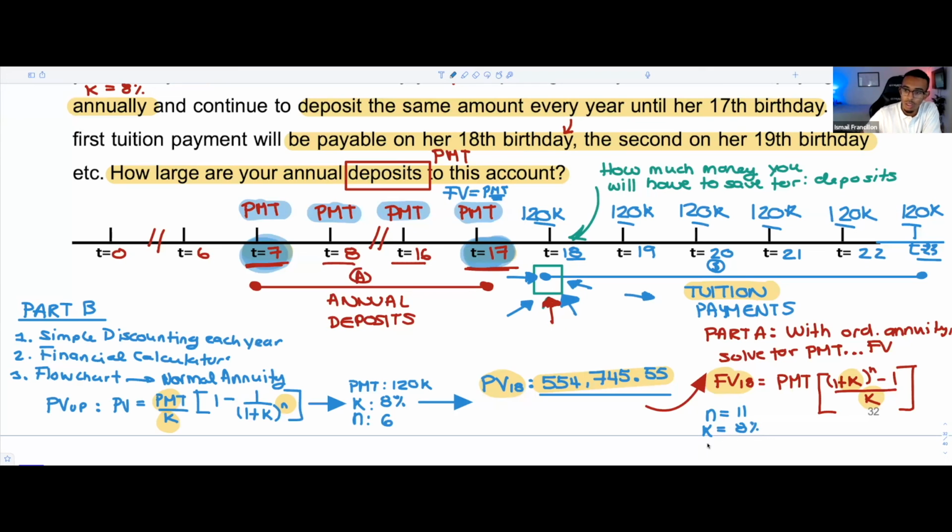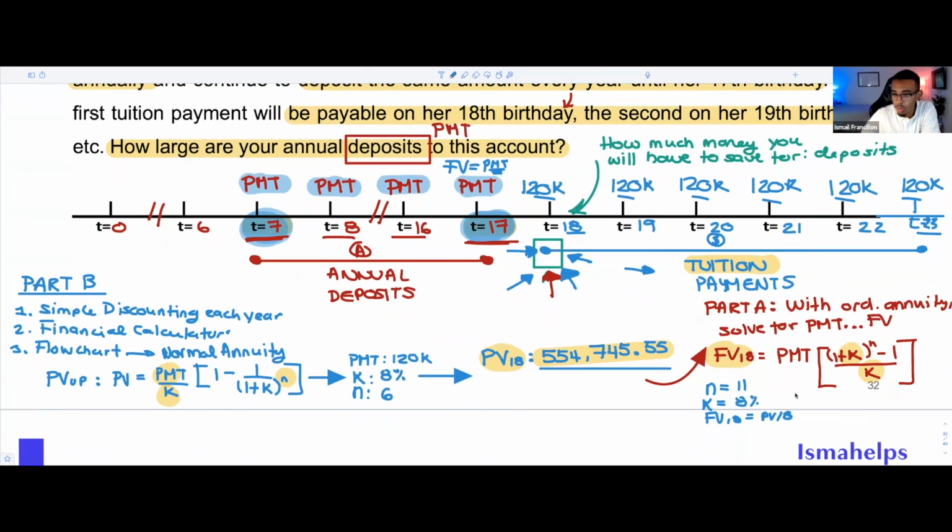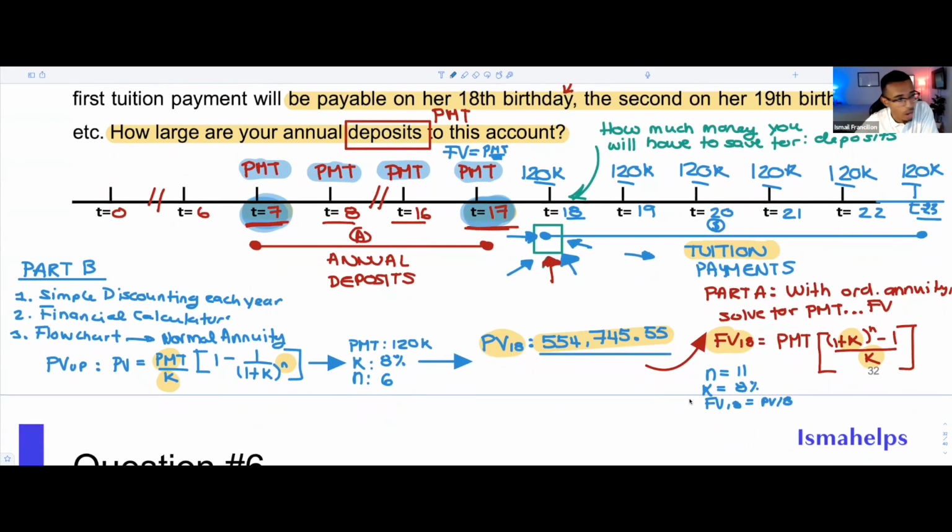And we already know FV18, just PV18. So I'm going to ask y'all, could you solve for payment? Can anybody take the time to solve for payment? What would payment be in this case? You could also use your financial calculator for this part, because you have all the values you need.